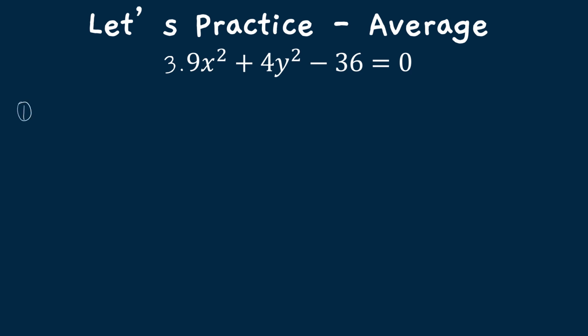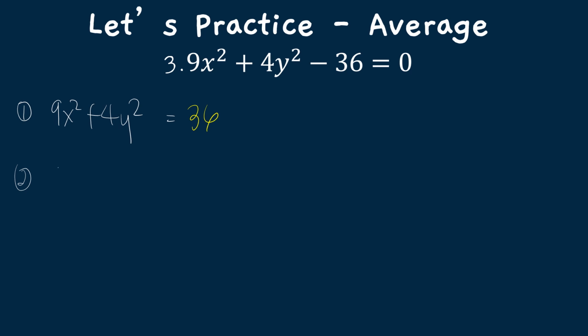So the first step here is to move the constant term 36 to the right side. So it will be resulting into 9x squared plus 4y squared is equal to positive 36. And then, instead of doing the completing the squares, we need to make sure that the right side is always equal to 1.